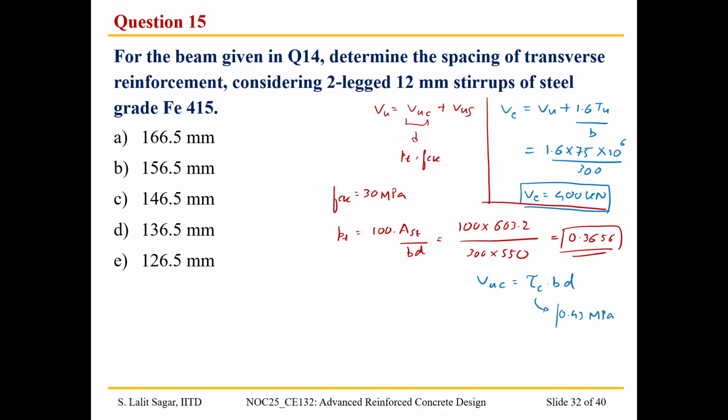Please verify that later on. So Vuc is equal to 0.43 into B is 300 and D is 550. The corresponding resistance by concrete is 70.95 kilonewton.